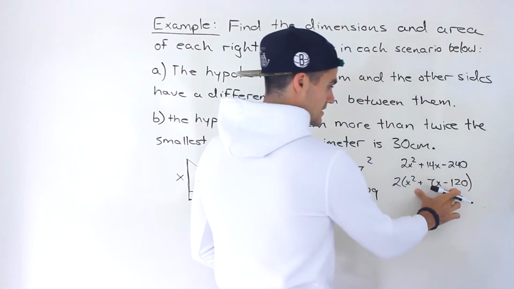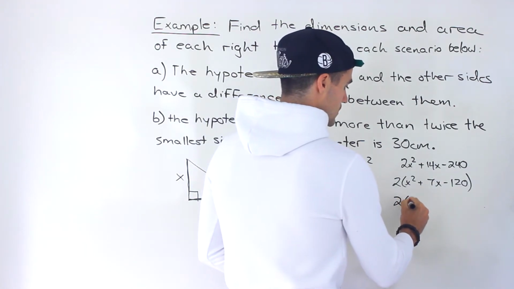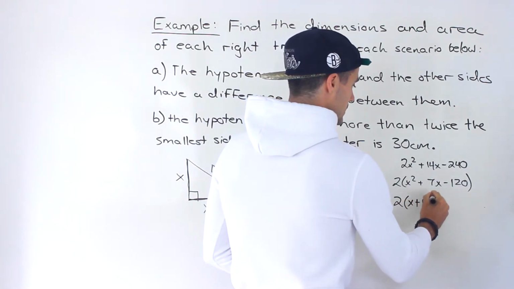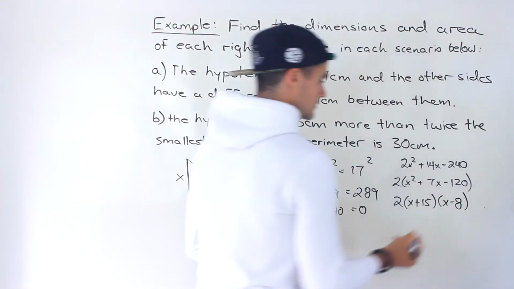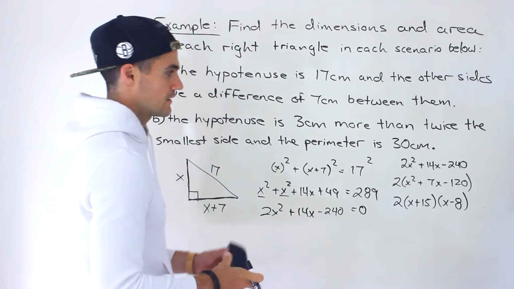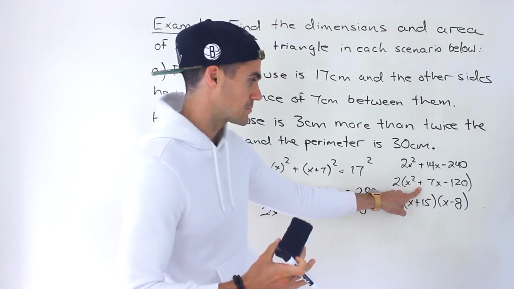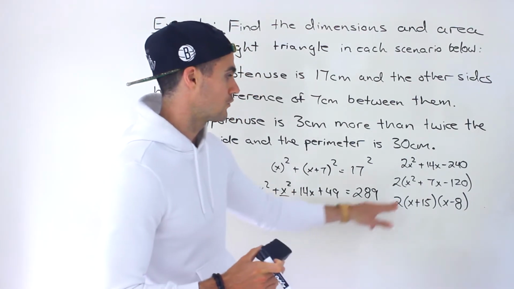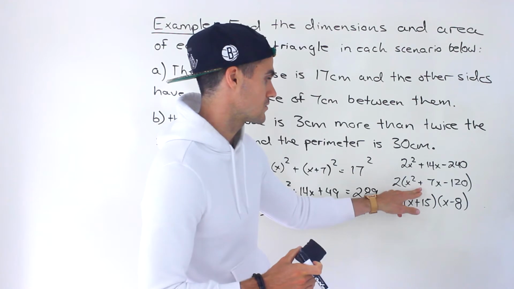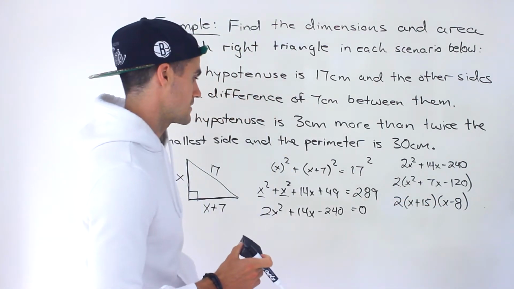And then this quadratic over here is going to factor into x plus 15, x minus 8, like that. I'm not going to go over the steps of factoring this. At this point, you should be fairly comfortable going from here to here if you've been watching the videos in order. So this bracket factors into x plus 15 times x minus 8.